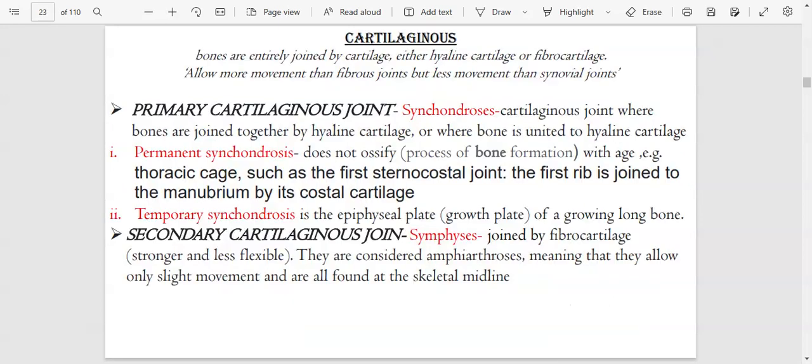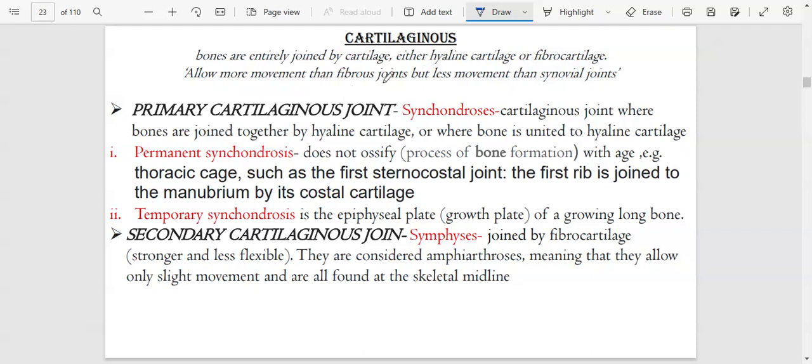All right. So, based on their anatomical classification, the type of connective tissue they have, we also have the cartilaginous joints. Now, these here bones are entirely joined by cartilage. That's why we call it cartilaginous. So the cartilage can either be hyaline cartilage or fibrocartilage.